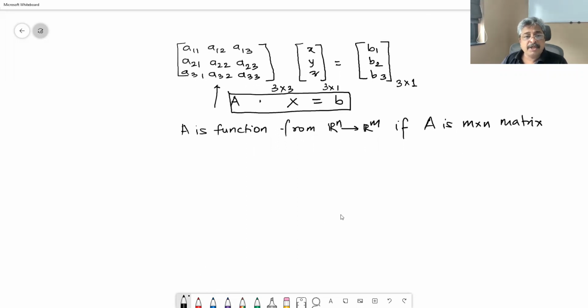That is what we accepted, and we further understood what we mean by that function.